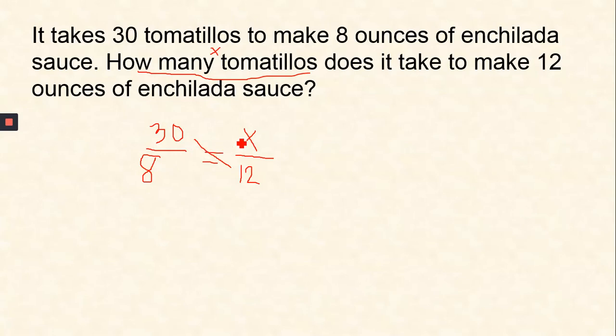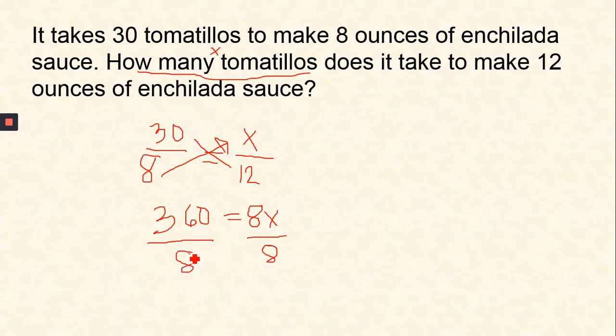Again, in order to solve for x, we're going to apply cross multiplication. So 30 times 12, that is 360, is equal to 8 times x, that is 8x. And then after that, divide both sides of the equation by 8. So 8 divided by 8, that is 1.